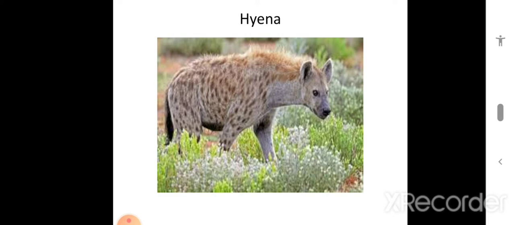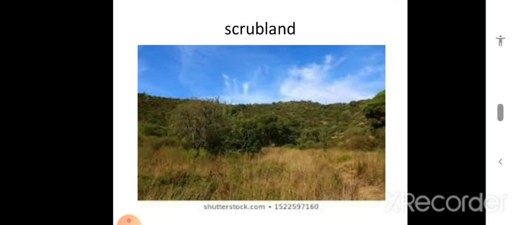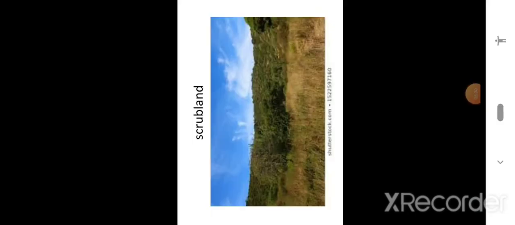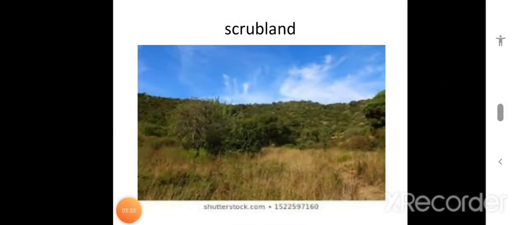This is about grasslands. The next classification of natural vegetation is scrubland. Scrubland is divided into tropical thorn forest and shrubs. Tropical thorn forest and shrubs have sparse, thorny vegetation.